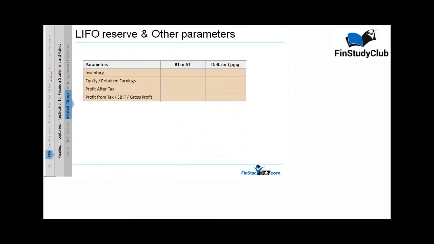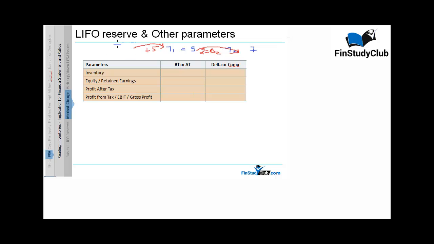Okay, now moving on to the last and the analytical slide here. The relationship of LIFO reserve, which was at T1 equal to 5 and at T2 equal to 7, and this delta in the second year, delta 2 was equal to $2, delta first was equal to $5.